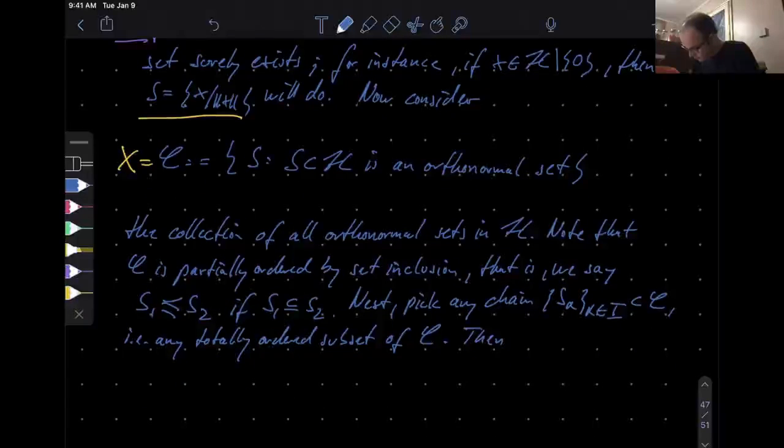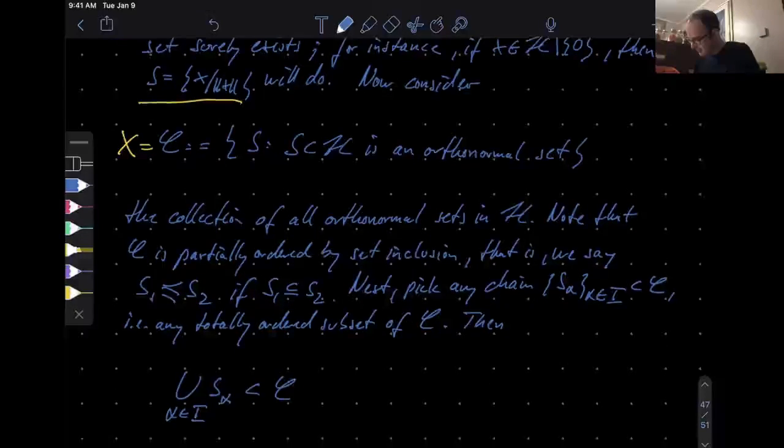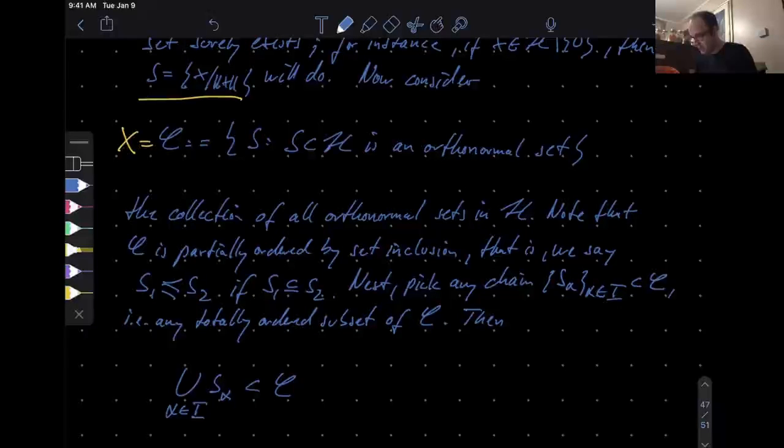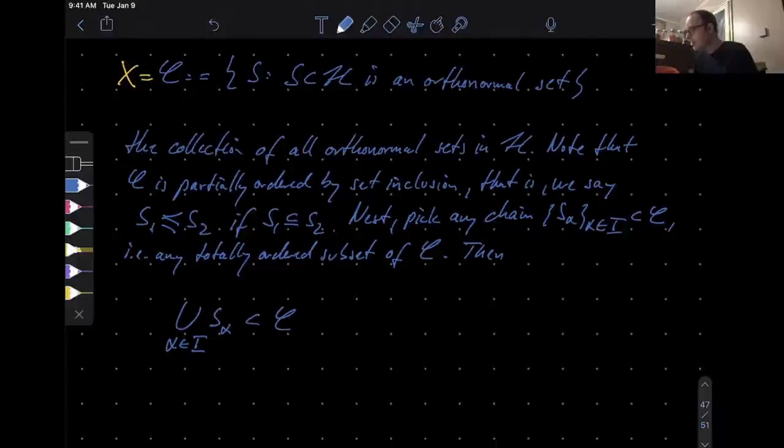Well, let's look at the union of all the S alphas in the chain. First of all, this is again contained in C, because C is closed under taking unions.